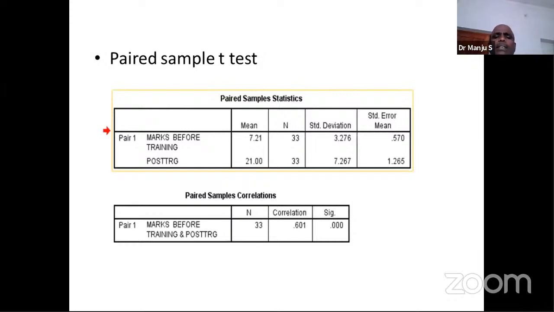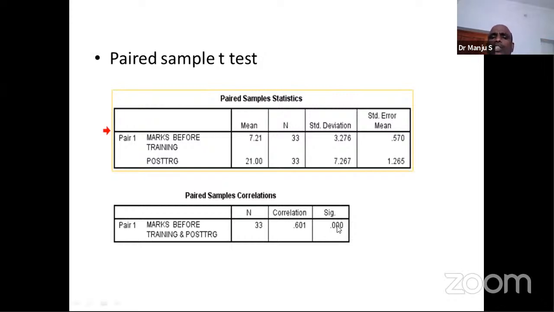Again, we get the mean scores: before training, what is the mean, after training, what is the mean score, and the standard deviation. And this result is very important. This paired samples correlations result will help you decide whether you can accept or reject the hypothesis.